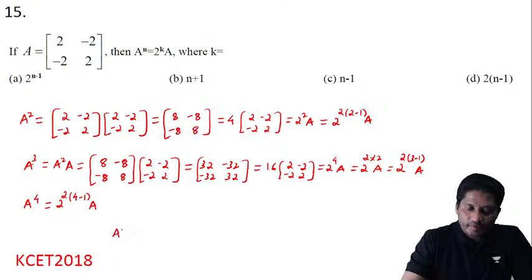In general, A power n is equal to 2 to the power of 2 into n minus 1 into A.